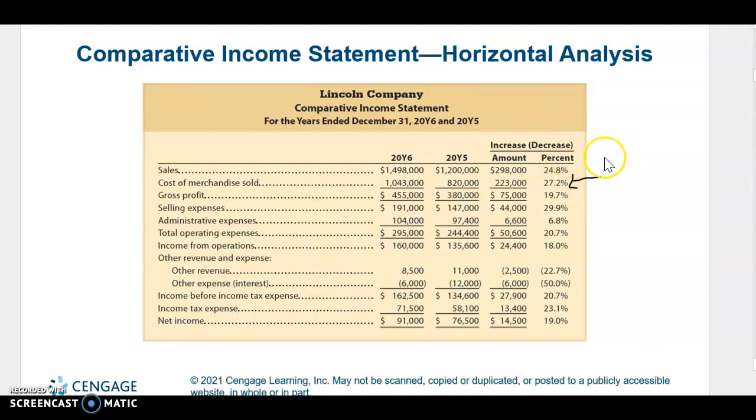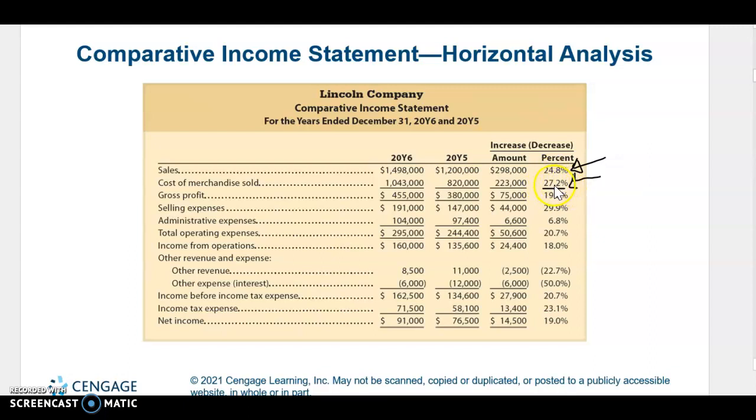So what this is saying is I sold it for a higher price, but not enough to cover the increase in the cost of the goods sold.